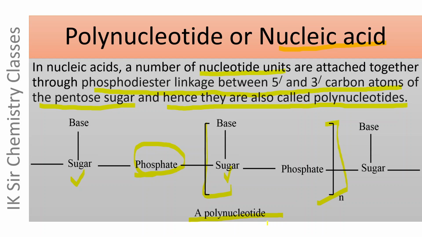Thus, nucleic acids are polynucleotides having a number of nucleotide units attached together between 5' and 3' carbon atoms by phosphodiester linkage. And nucleic acids are present in the chromosomes which are responsible for the transmission of characteristics from one generation to the next generation of a species. That is, nucleic acids are responsible for the transmission of characters or heredity.